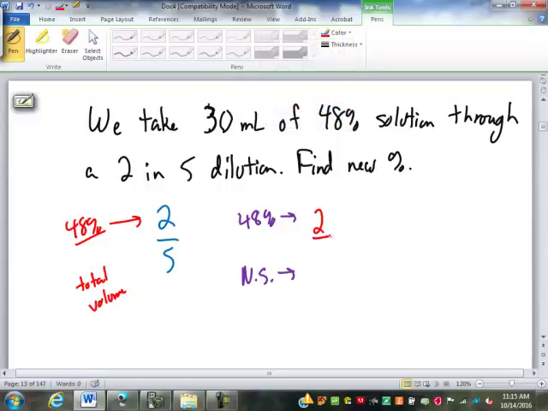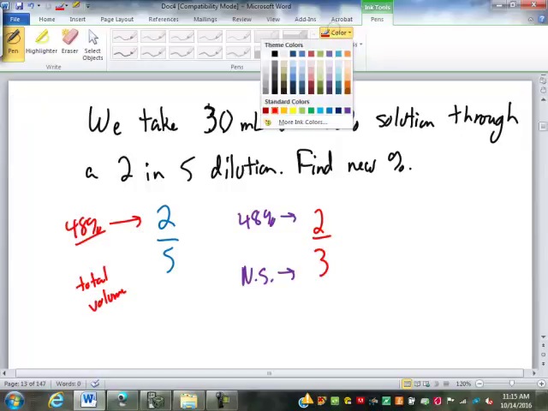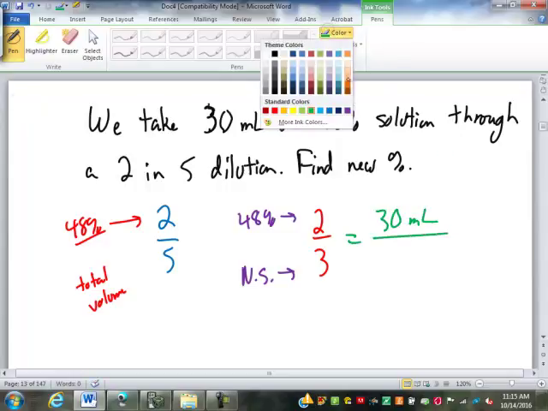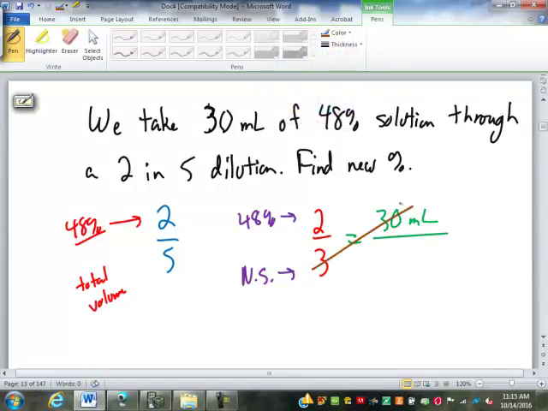That would be 2 to 3, right? So I'm going to find how much water was added to the 30 milliliters. Cross multiply and divide: 3 times 30 divided by 2 is 45 milliliters of NS. That was what was added.